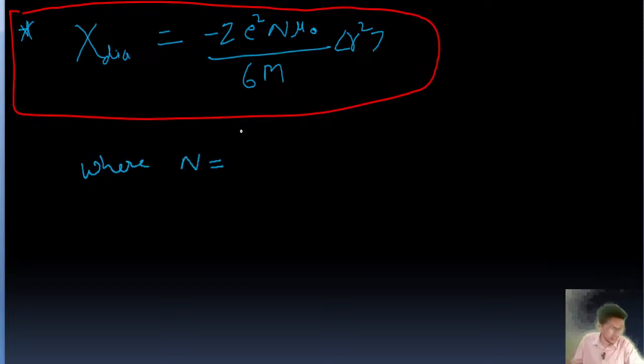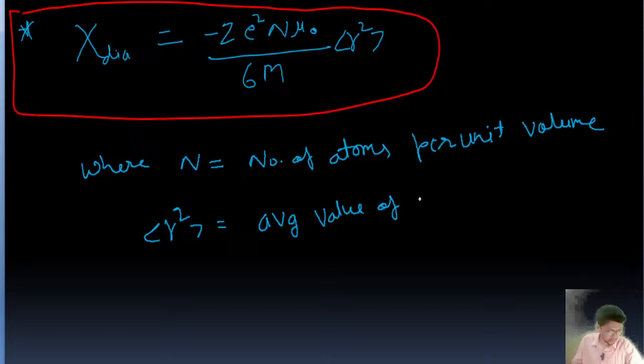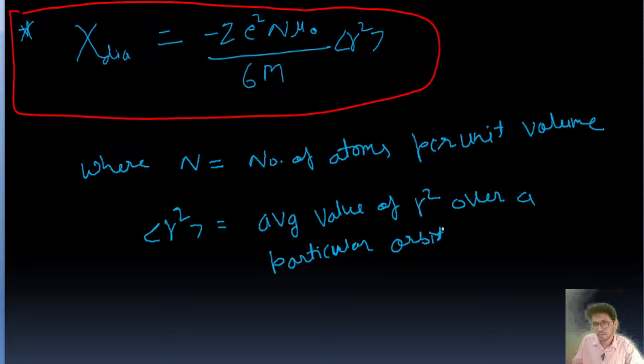Here, capital N is the number of atoms per unit volume, and r square is the average value of r square over a particular orbit.